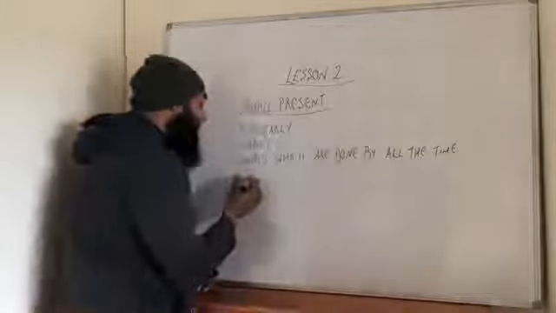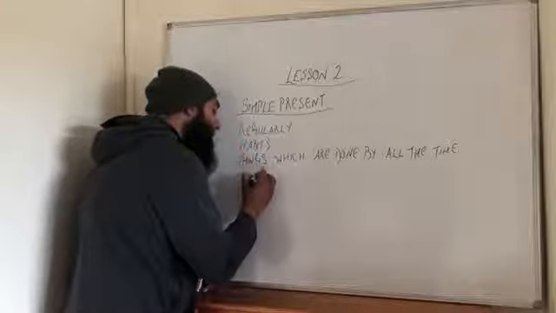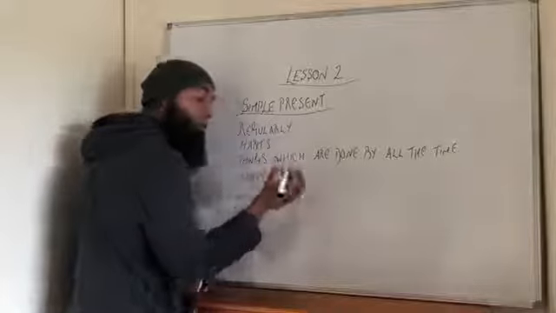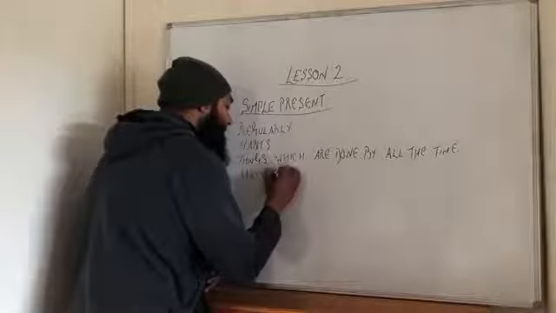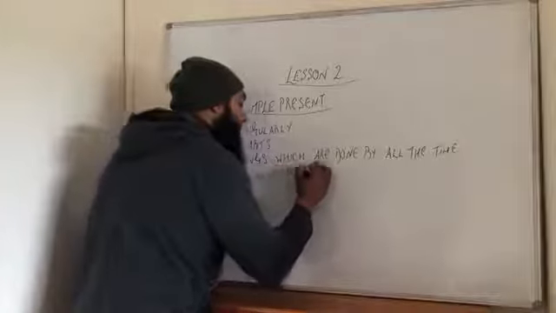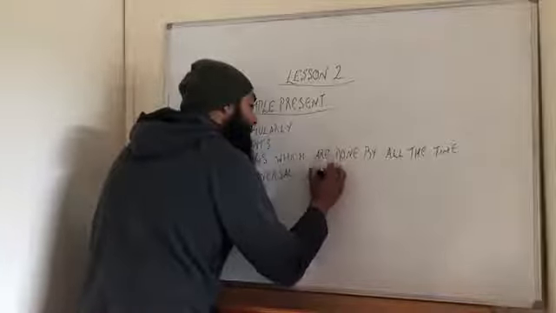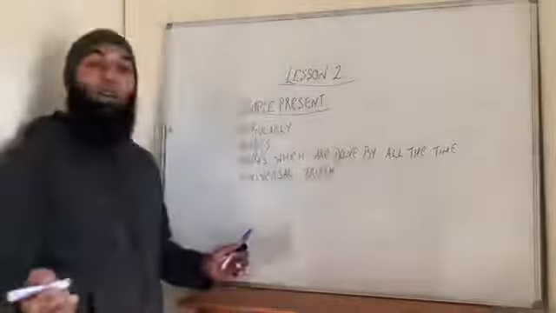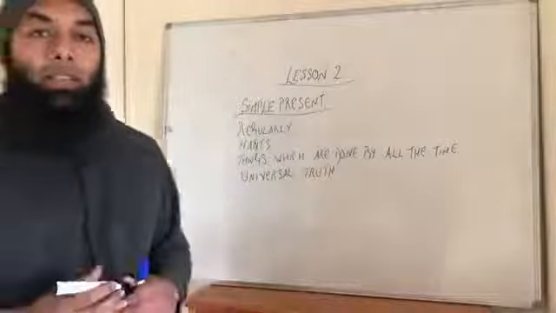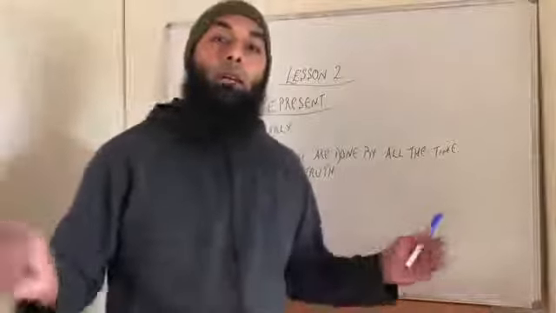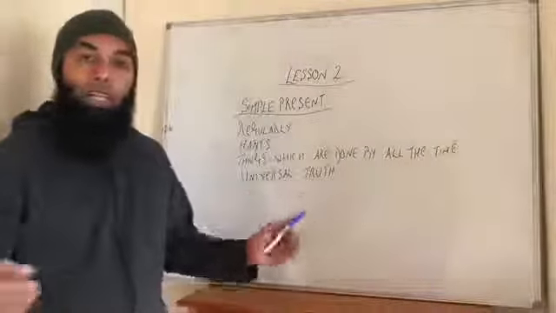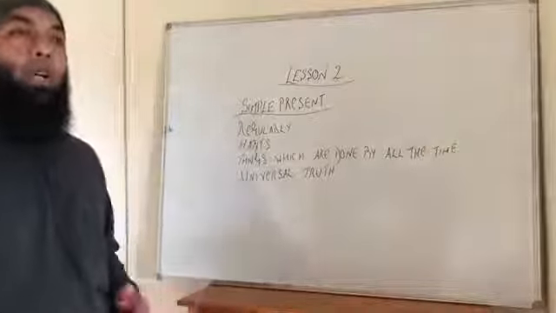We can talk about universal truth, the things which are universally true, like we can say people die. We all know people die, or babies are born, or we live. These are universal truths, no one can deny.